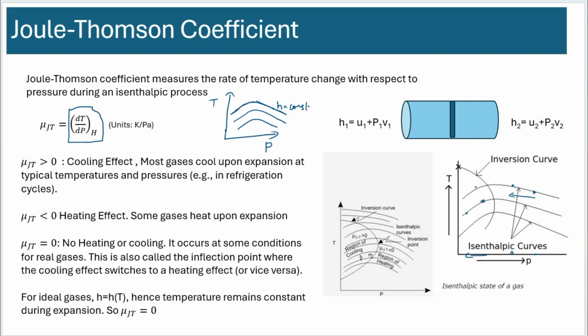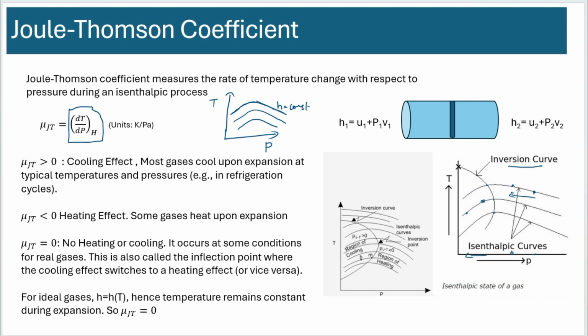Okay, so if you draw a line at the location where there is no more increasing and there's an inversion point, that curve is called the inversion curve. So if you're on the left side of the inversion curve, you will always cool.